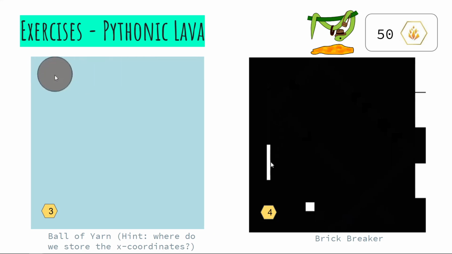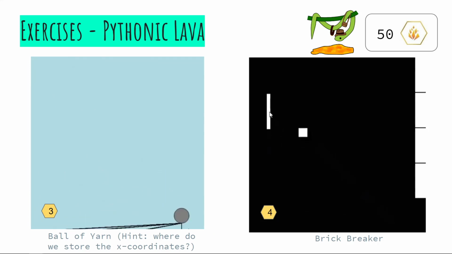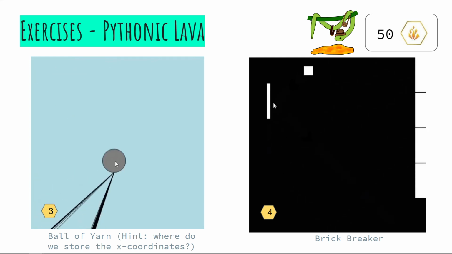And then the Pythonic lava exercises: a ball of yarn. You can see that as we go down, the ball shrinks and we store all of the coordinates where it touched the bottom. And then we also have a brick breaker example over on the right. So those are the exercises for you guys for this week.